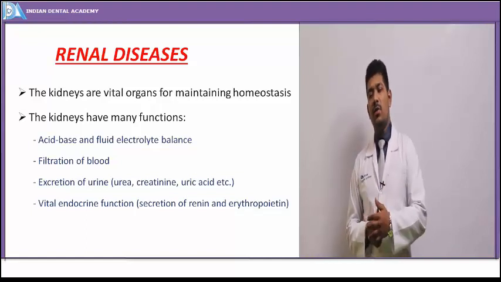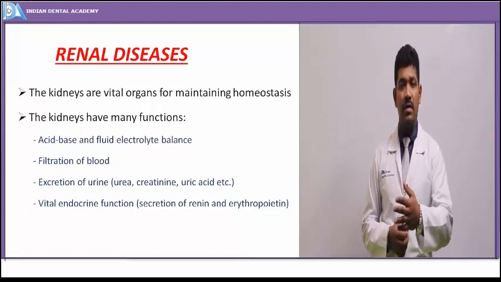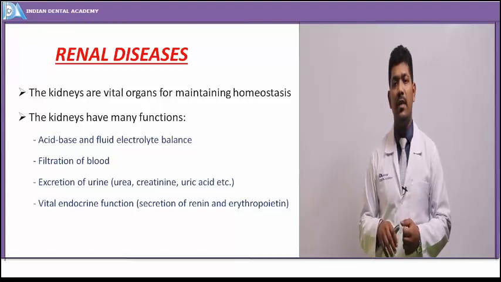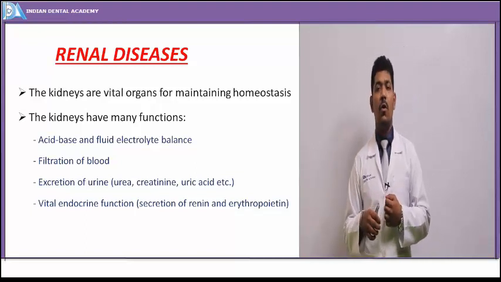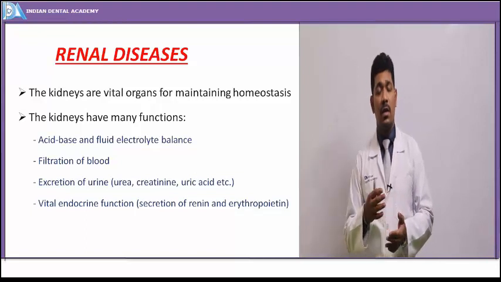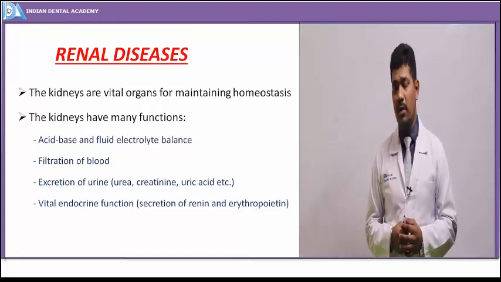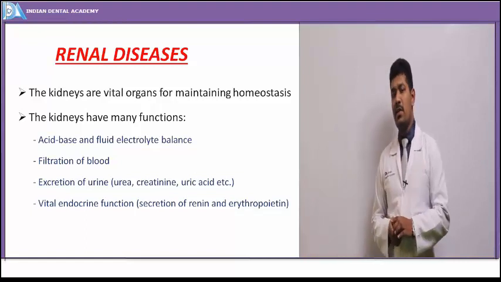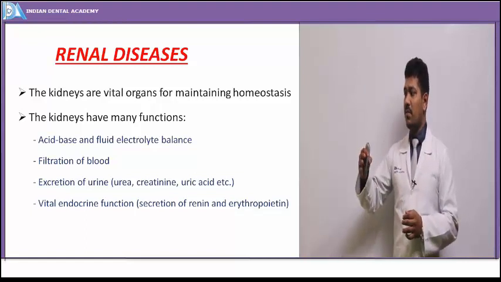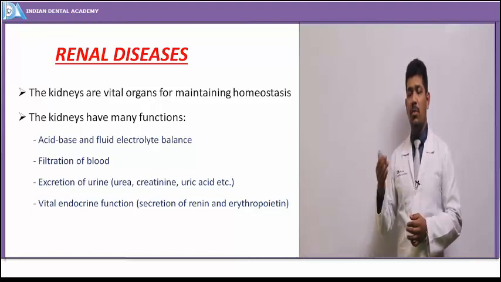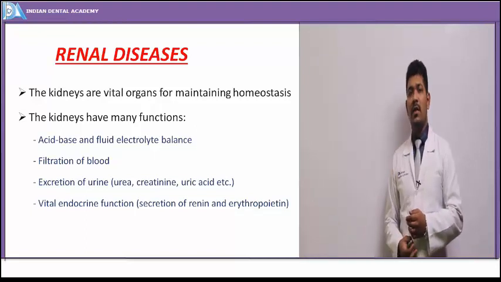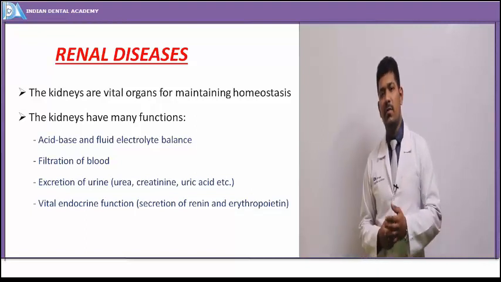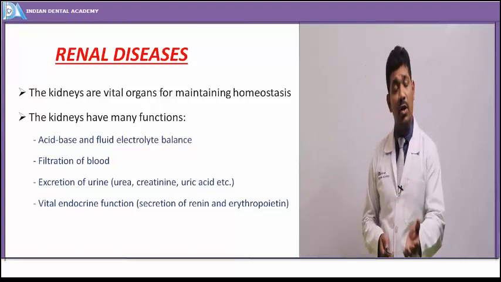So any disorder which affects the renal system has a multi-pronged effect, wherein symptoms can be seen in all other systems, and oral mucosa is no exception to that. As you can see, the basic functions of the renal system start from acid-base balance or homeostasis up to the endocrine functions. It has a role to play in each and every other system of a human being.